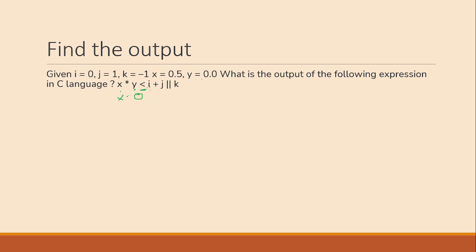So x multiplied by 0 will be totally 0 and here plus j. So what is plus j now? Plus j is actually 1, or k. And k is actually minus 1. So 1 or minus 1. Both values result in true, so the answer is 1 will be the output.